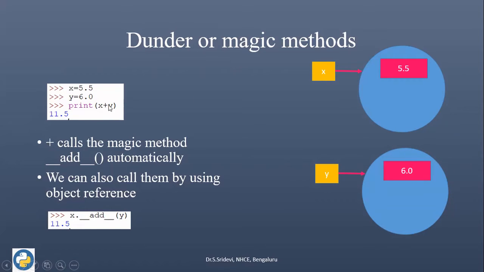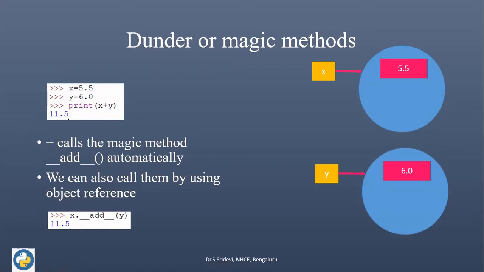So when this operator is executed on these two object references, it is going to call the magic method __add__ automatically. We are not calling it ourselves, we are simply writing the plus operator, but the interpreter, that is the PVM, will automatically call the magic method. It will add these two values and we'll get the final value 11.5, and that will be printed because we are calling the function print.